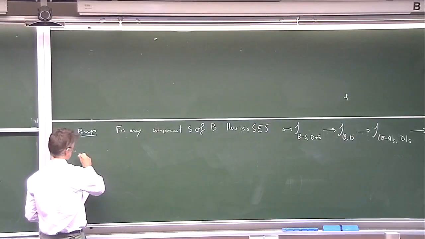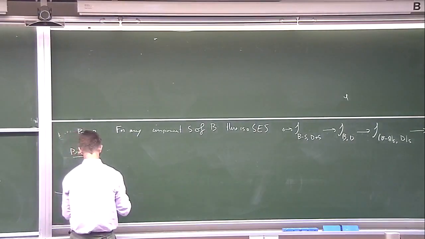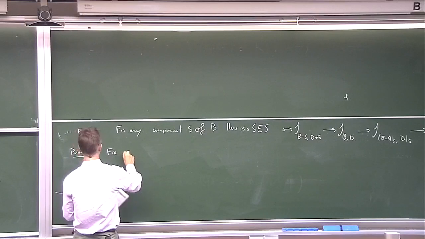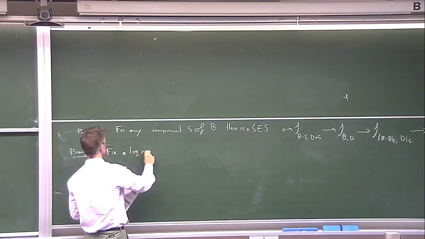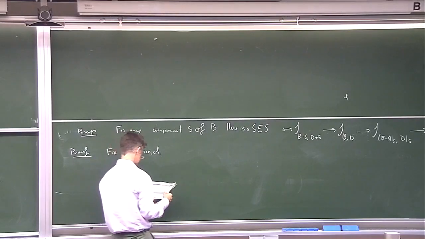So let me try and prove that we have this kind of short exact sequence. What I'm going to do is fix a log resolution, but not just any log resolution. I like to make my life easy. You don't have to do this, but it's easier.